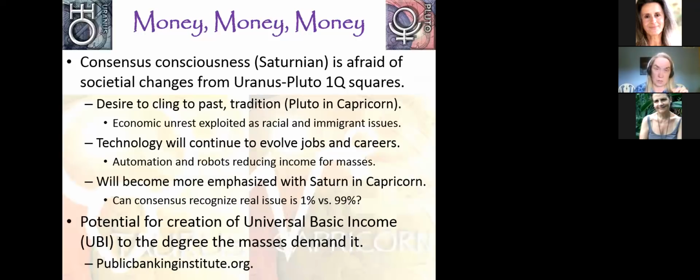And now that Saturn is in Capricorn, it's emphasizing it even more. And what's really going on is the wealth inequality. There's plenty of money to go around. It's just not being distributed more equitably. And so, will we have realignments of this with Uranus, Biseptile, Pluto?